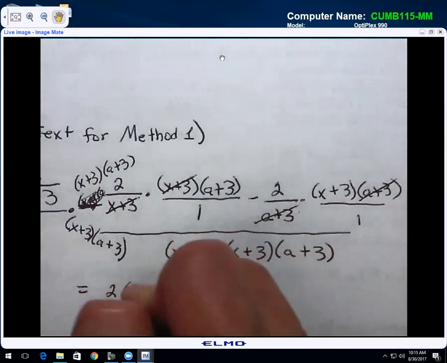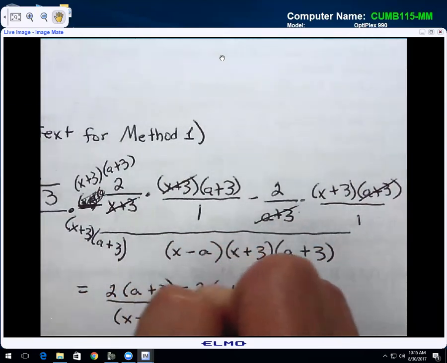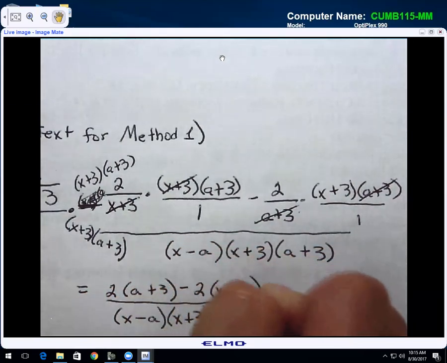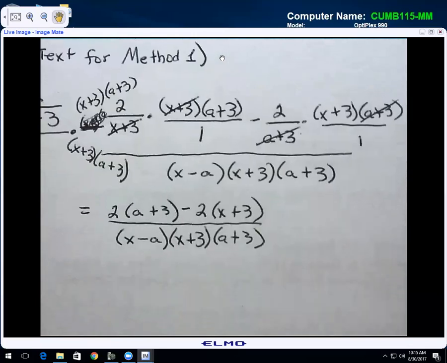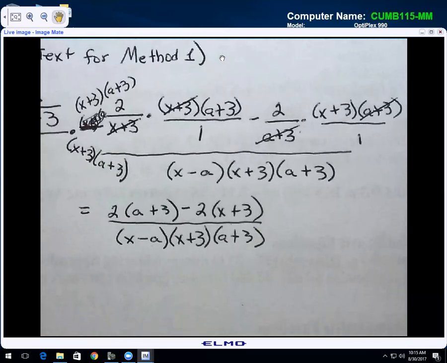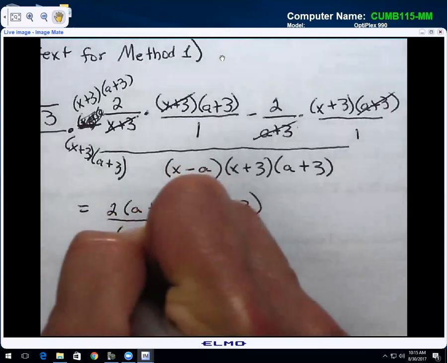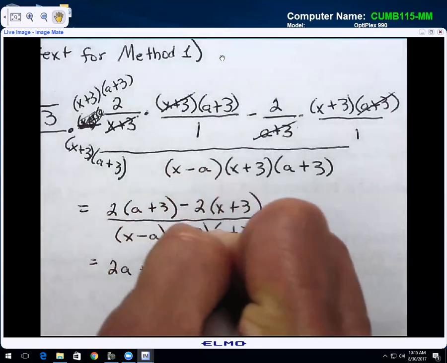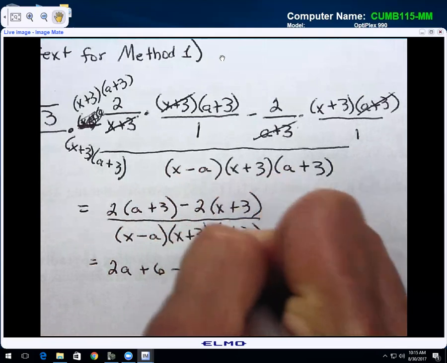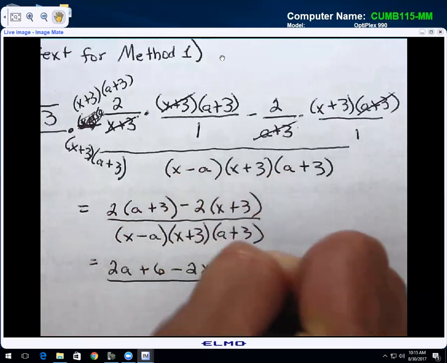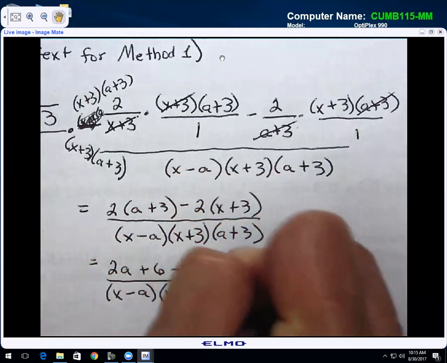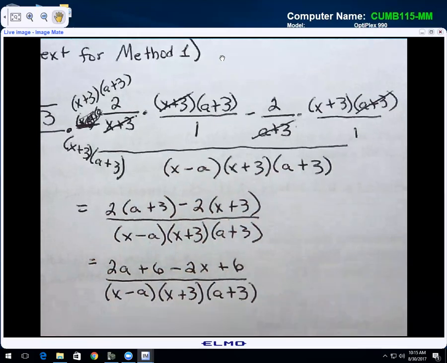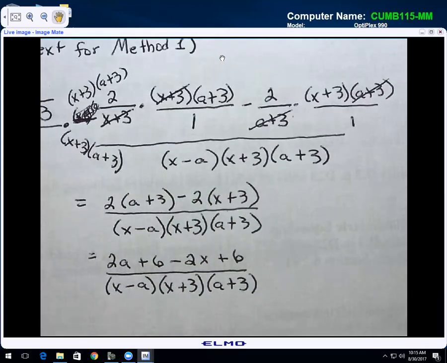Nothing cancels in the denominator. And now it's just a matter of cleaning up the numerator. Typo.